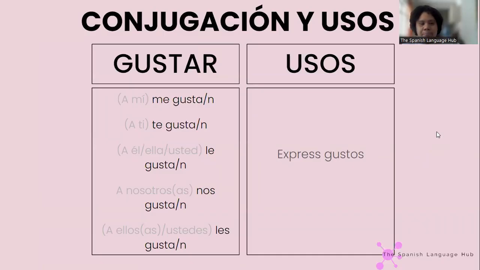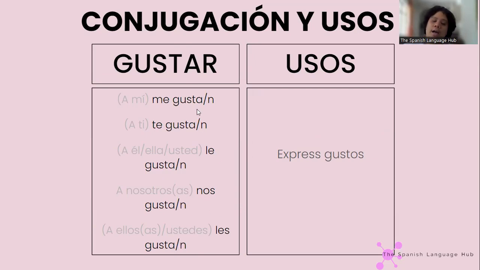Gustar. Okay. Gustar is conjugated differently from the verbs that we have seen before. Here, instead of yo, tú, él, ella, usted, nosotros, ellos, we use me, te, le, nos, les.